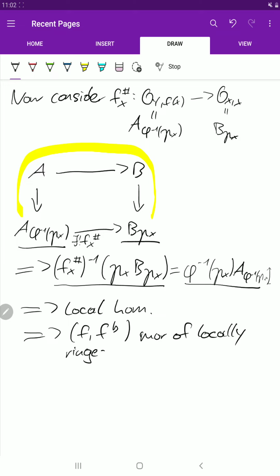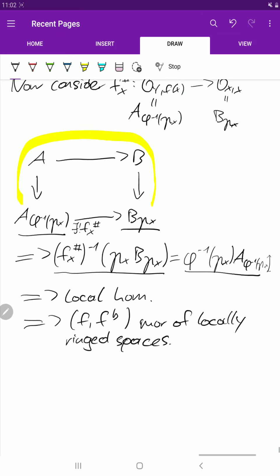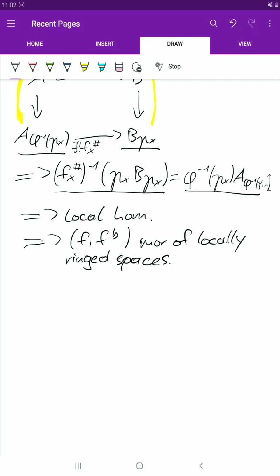So we're done with the definition of the functor from rings to affine schemes. Now we want the functor in the other direction, from the category of affine schemes into rings. And this functor is going to be the global sections functor.